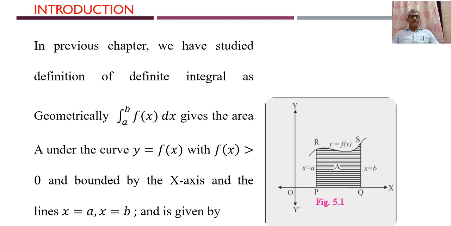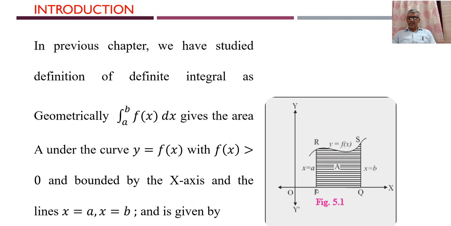See here, the fundamental theorem is geometrical like this. Integration to the limit a to b f of x dx gives the area. See here, the curve y equal to f of x is bounded on the x-axis, and the lines x equal to a and x equal to b are given.